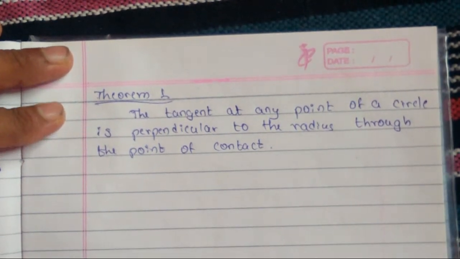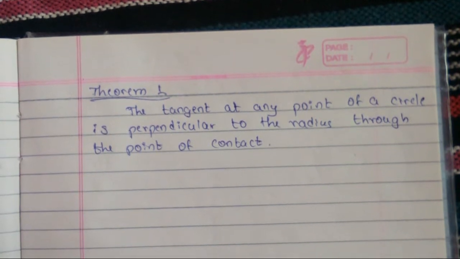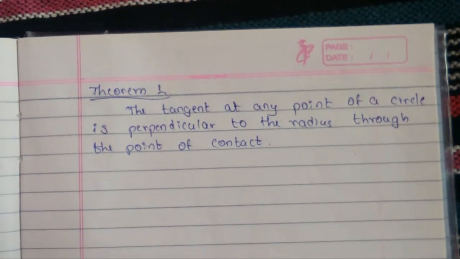So I will write the statement once again. The tangent at any point of a circle is perpendicular to the radius through the point of contact.